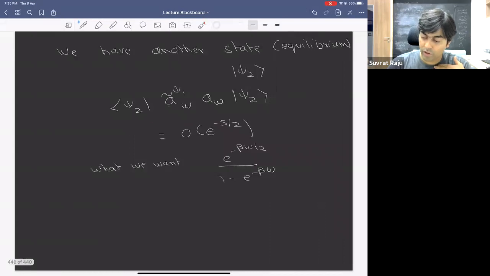So this order e to the minus S by 2 is like the order of the inner product of psi1 and psi2. If you take a vector which lives in the little Hilbert space of psi1, and you take the inner product of that with psi2, you get something that's exponentially suppressed.